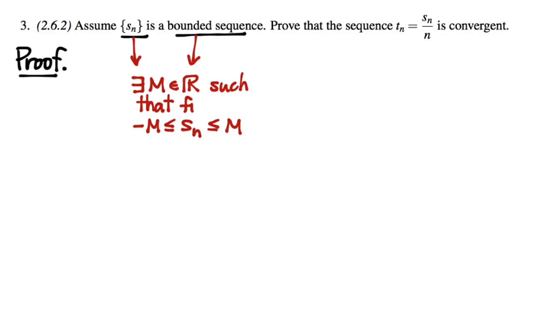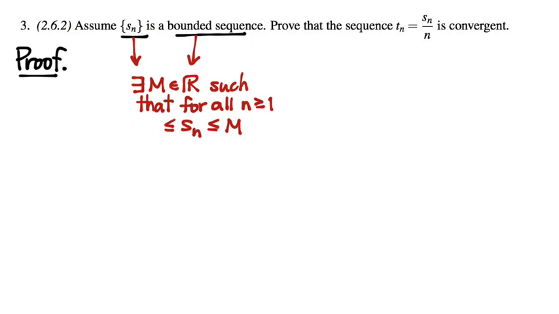Technically, for a sequence to be bounded, we would want this to be true for all n. Every single term of the sequence needs to be within M's distance of 0, or cannot be bigger than M in absolute value.